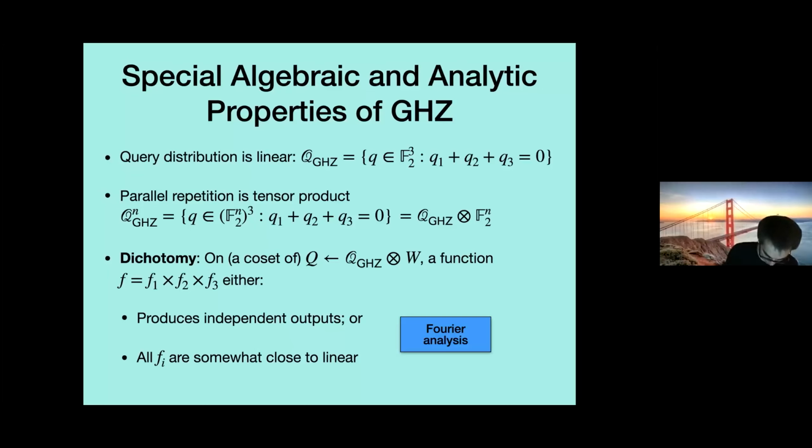So here I'm just going to focus on the case where V tilde, yes, it looks like an affine subspace, but in particular it is just small bias in the entire set of the parallel repeated query distribution.